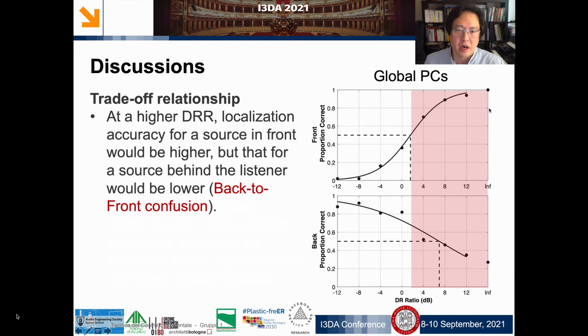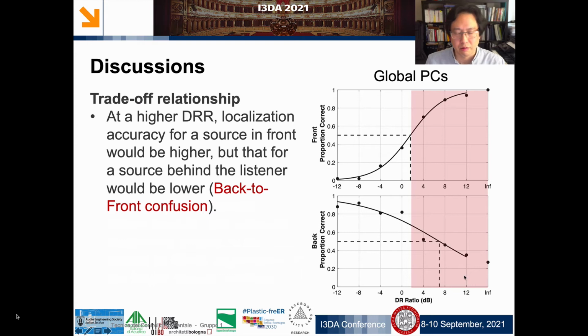At a higher DRR, if we shade this region above the threshold of the front source, around 2 dB above, localization accuracy for the source in front would be higher, but that has a trade-off with front and back discrimination for the back source. So more dry sound causes more errors for the back source.